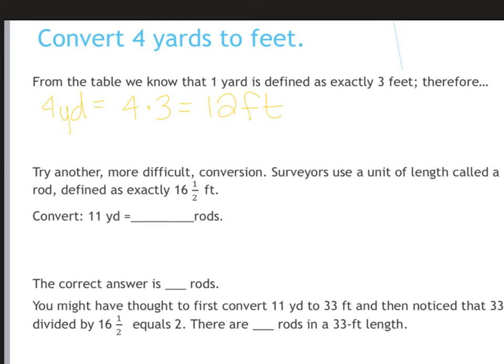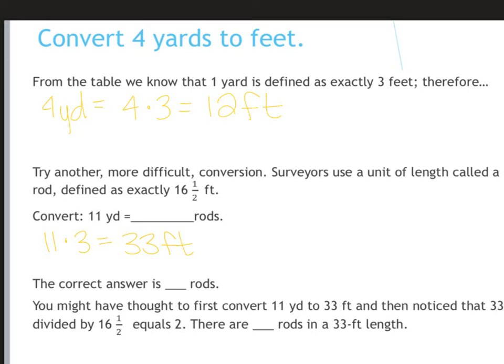Surveyors use a unit of length called a rod, defined as exactly 16.5 feet. Convert 11 yards to rods. So let's first get the yards to feet. Since we know that there's 3 feet in 1 yard, we can do 11 times 3. So then we have 33 feet.